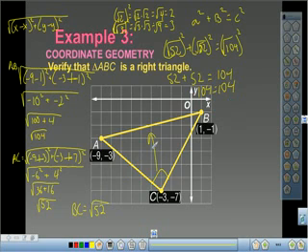So negative 9 minus 1 is negative 10 squared, plus negative 3 minus negative 1 is negative 2 squared. Negative 10 squared is 100. Negative 2 squared is 4. So I get the square root of 104.